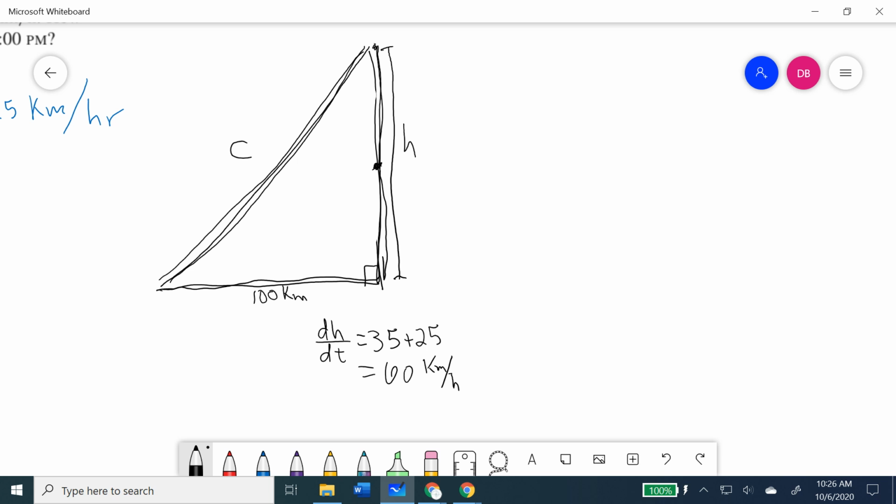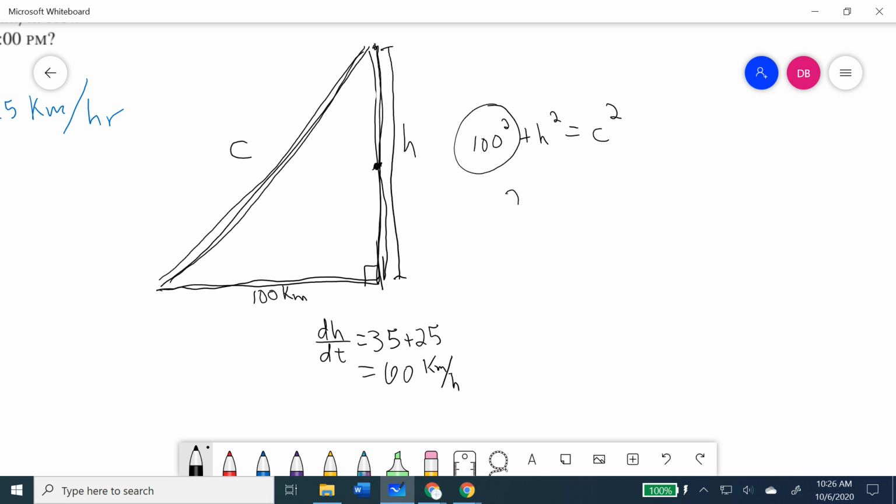So Pythagorean theorem, we have 100 squared plus h squared equals c squared. That's the hardest part, just figuring out what equation you need to use. So now we take the derivative with respect to time. For the constant, we get 0.